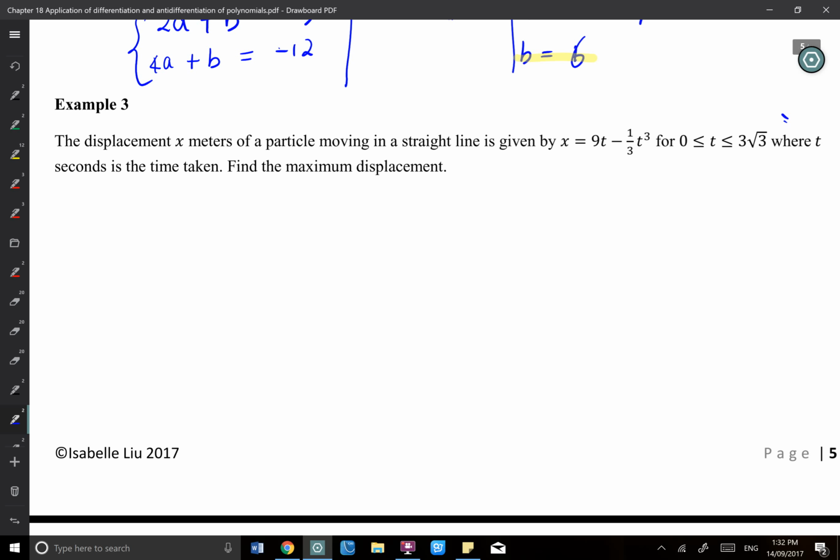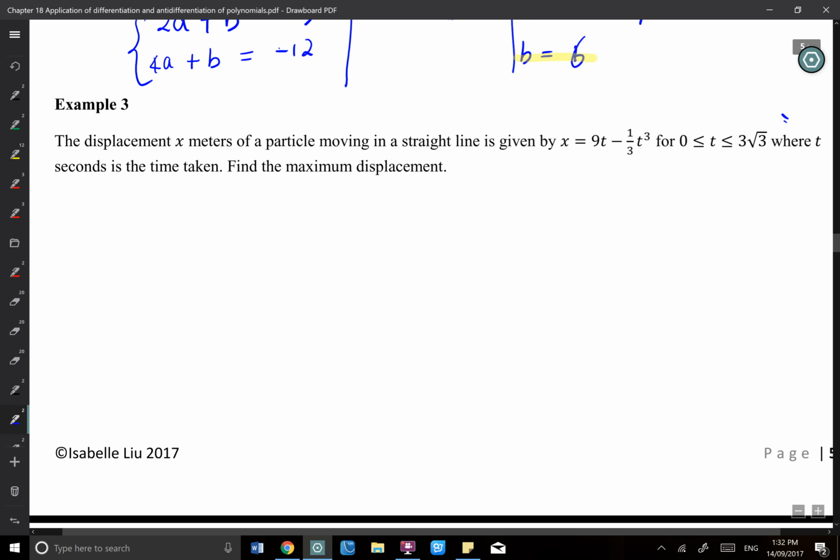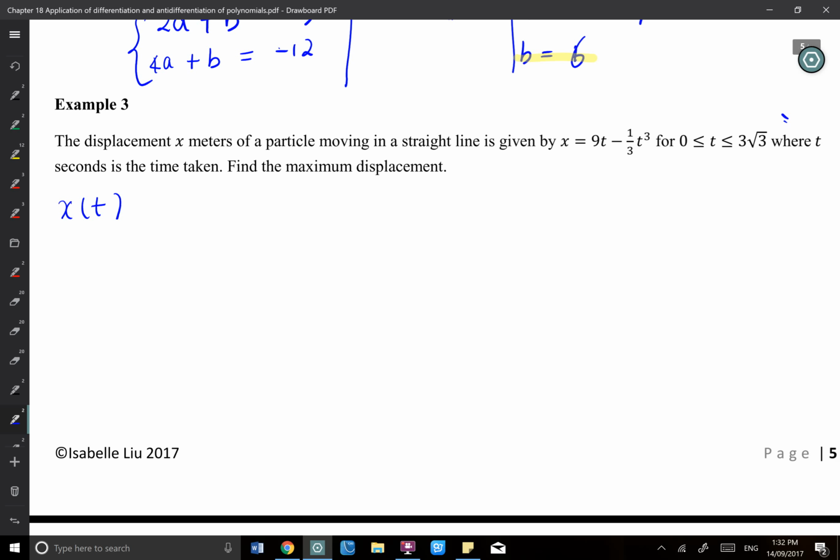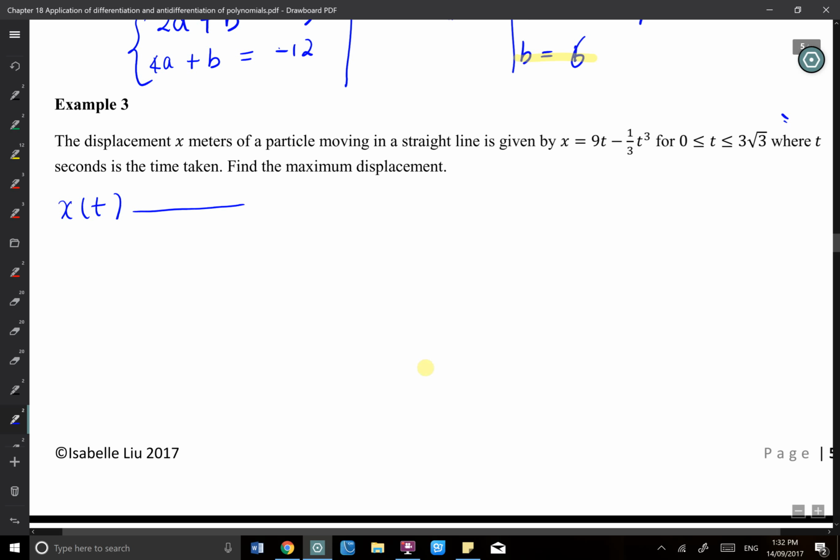But that's not what I want to say. I want to say, for example, that's the displacement graph. The displacement x meters of a particle moving in a straight line is given by that function. So this is a displacement time graph. Okay, x(t) is called the displacement time graph. A good thing about the displacement time graph is if I differentiate that.